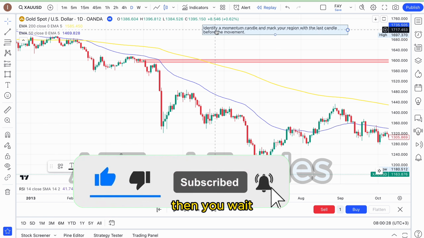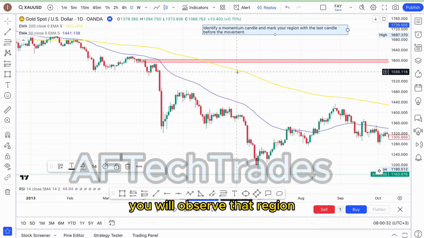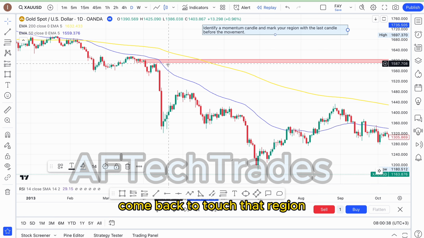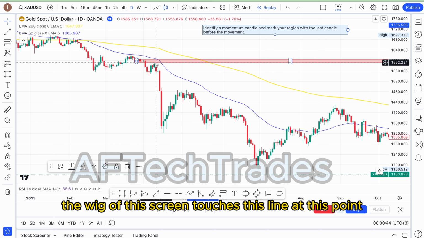Then you wait. Condition 2 is that you will observe that region and wait to see when price action comes back to touch that region, which is here. If you check this green, the wick of this green touches this line at this point.